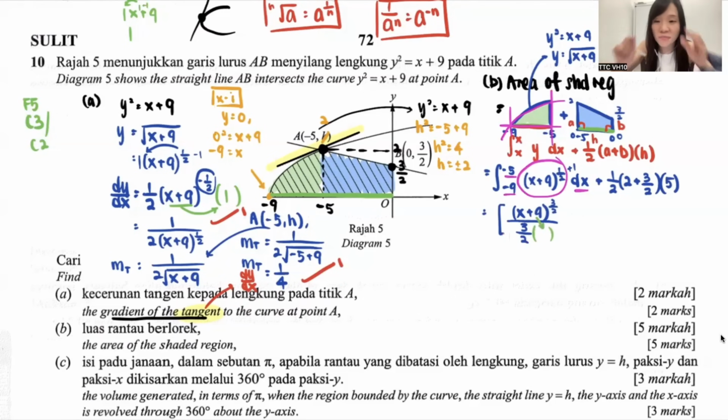You didn't hear me wrong. This small bracket is always for differentiating, even when you're integrating. So differentiating x plus 9 is still 1. Don't tell me, teacher, 1, never mind, I don't write. For this time, maybe never mind. What if they are not 1, my dear? So you better know how to do it, okay? Then the back one, 2 plus 3/2 divided by 2 times 5. The back one, I get 35/4.